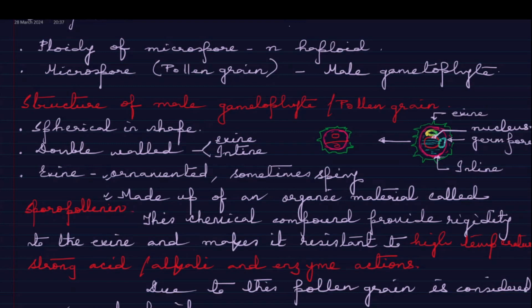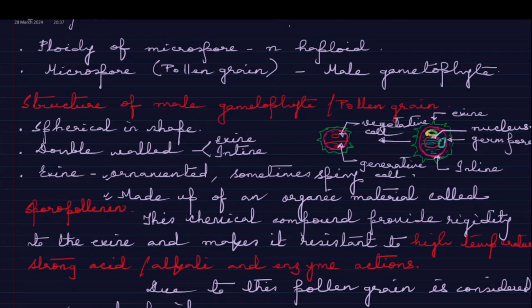So this bigger one is called the vegetative cell. And the smaller one will be called the generative cell. Clear?